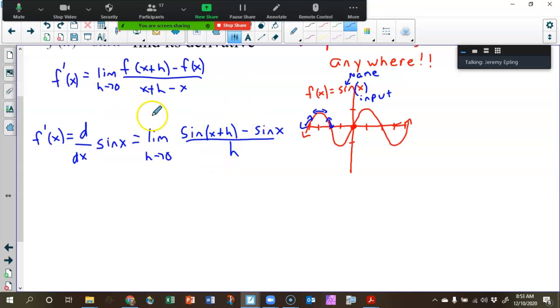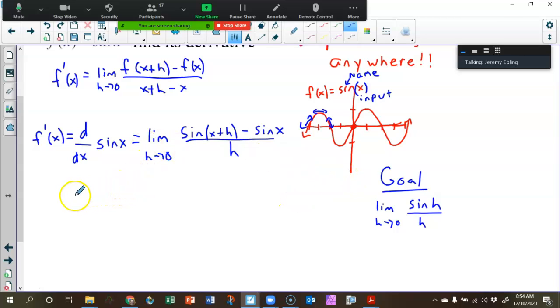Now, we've evaluated some trig limits before. I can't directly substitute. I get 0 divided by 0. But I know a lot of times when I deal with trig limits, it's helpful to produce one of those special functions, sine of h divided by h. So we're going to try to do that.